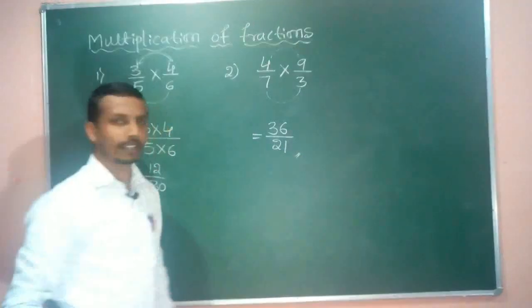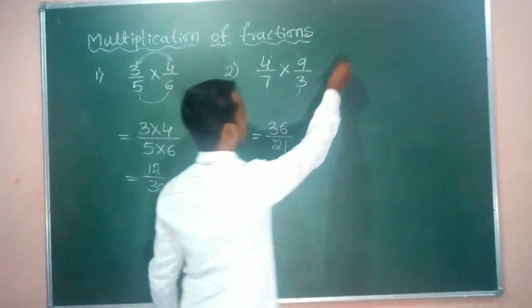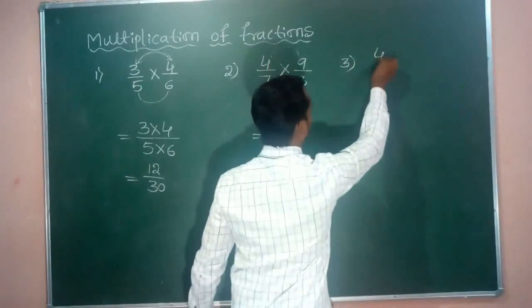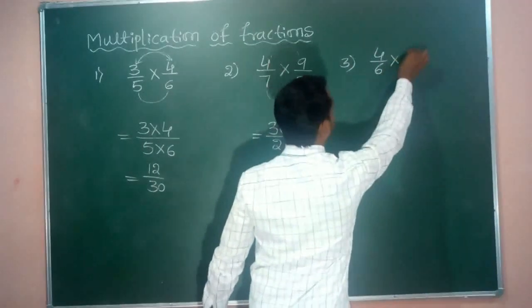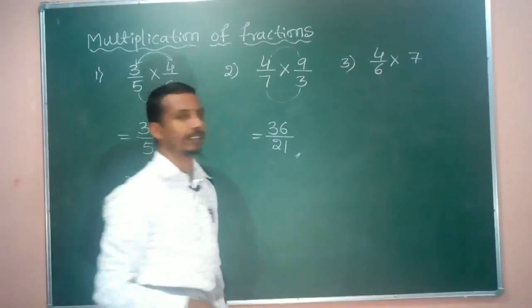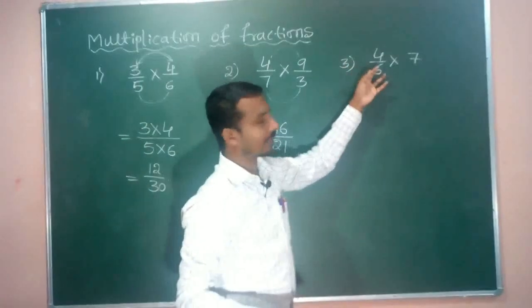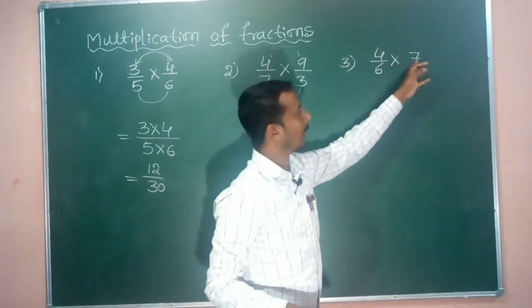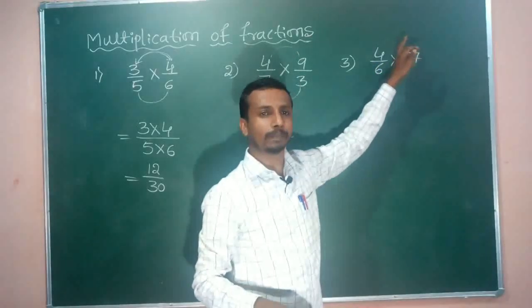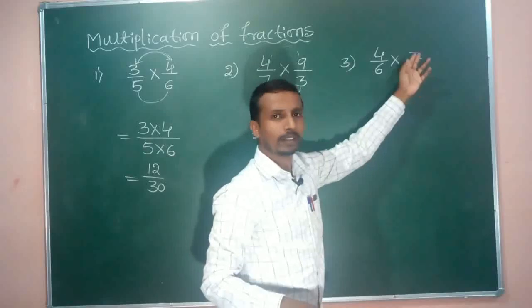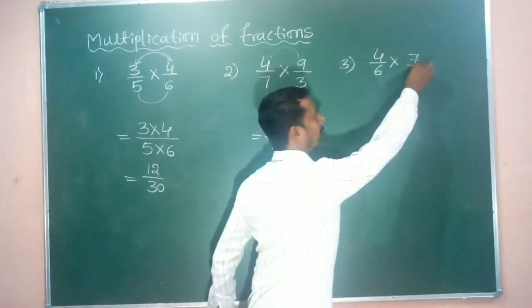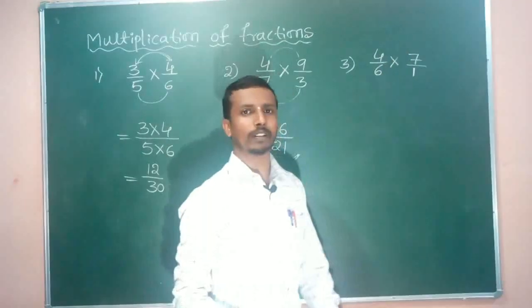Now consider another example, a third one, 4 by 6 into 7. Here 4 by 6 is a fraction, and into it they are given only 7. If they are not given any denominator, it is always 1.